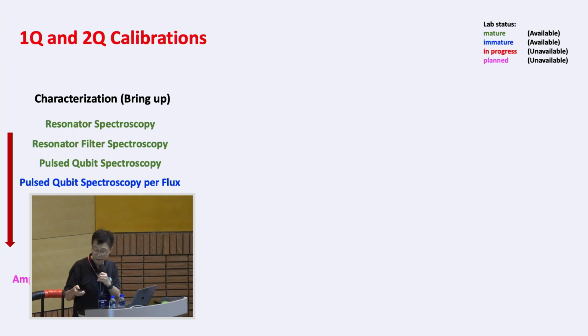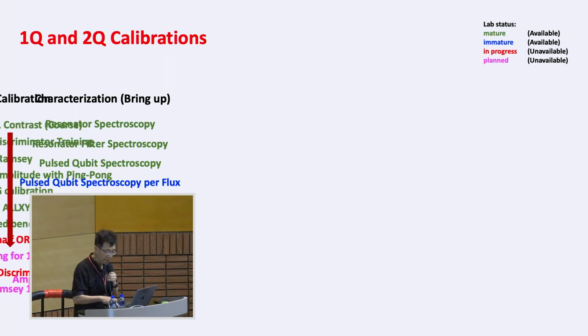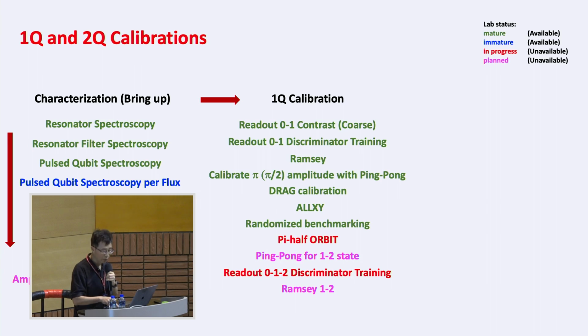Say just going from top down, study the spectroscopy of resonators, and the qubit spectroscopies, and then everything goes down, and finally we can read out T1 time and T2 time, and then also for 1 qubit we do routine calibrations to optimize the qubit operations.